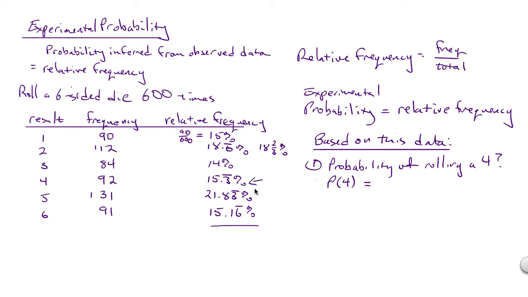Looks like the data tells us we're looking to get a probability of 15.3 repeating percent. Depending on your rounding, it could be 15.3% or 15%. But yeah, probability of getting a 4 is about 15% or 15.3 repeating percent. 15 1/3% if you want to get technical here. That's the probability.